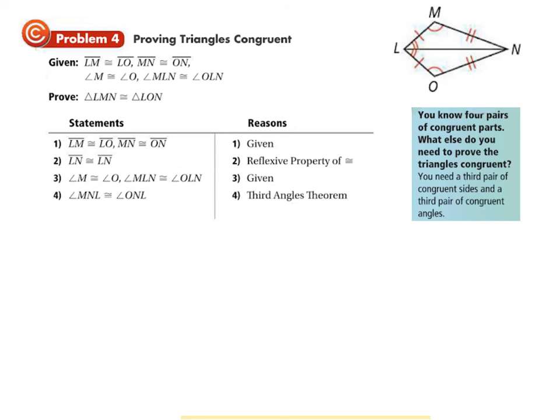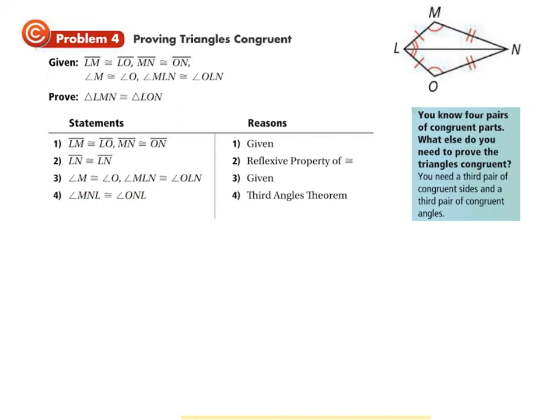And by the third angles theorem, we know that that last angle, angle MNL, right here, is congruent to angle ONL right here. And notice that not only did they name the angle correctly, but they named the corresponding vertices in their correct position with the other matching ones as well.